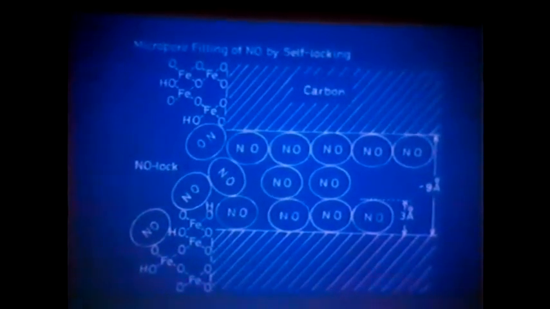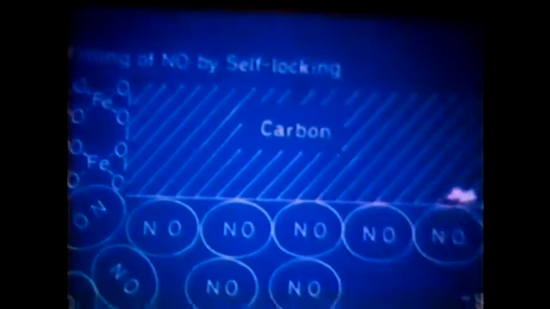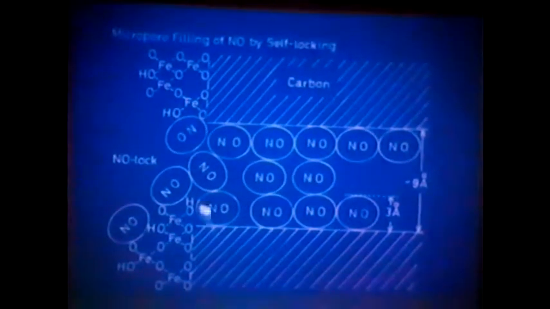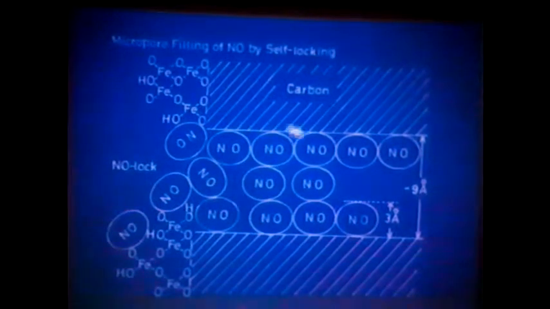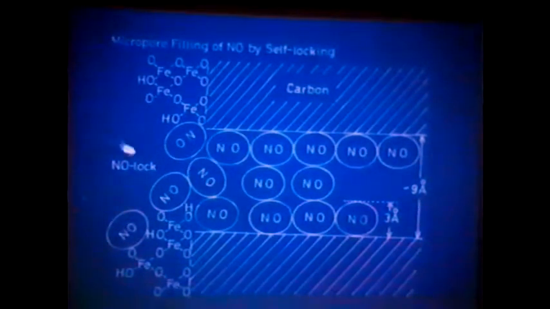We'd like to propose this model of the anomalous micropore filling of NO. The pore diameter is about 9 angstrom, being 3 times larger than the shorter axis of NO molecule. Almost all NO molecules are adsorbed near the entrance of the micropores. Alpha FeOH on the surface can catch NO molecules from gas phase and move into the pores to form the dimer of NO molecules.